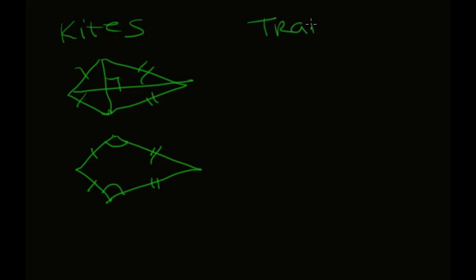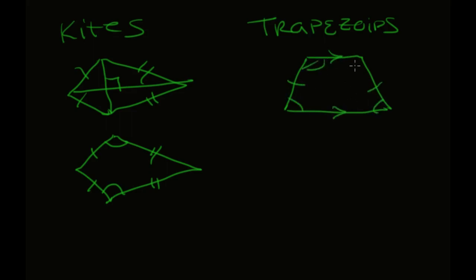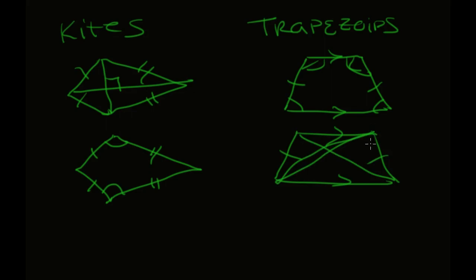For trapezoids, when they are isosceles, we get the base angles are congruent, and we also get that the two diagonals have to be congruent.